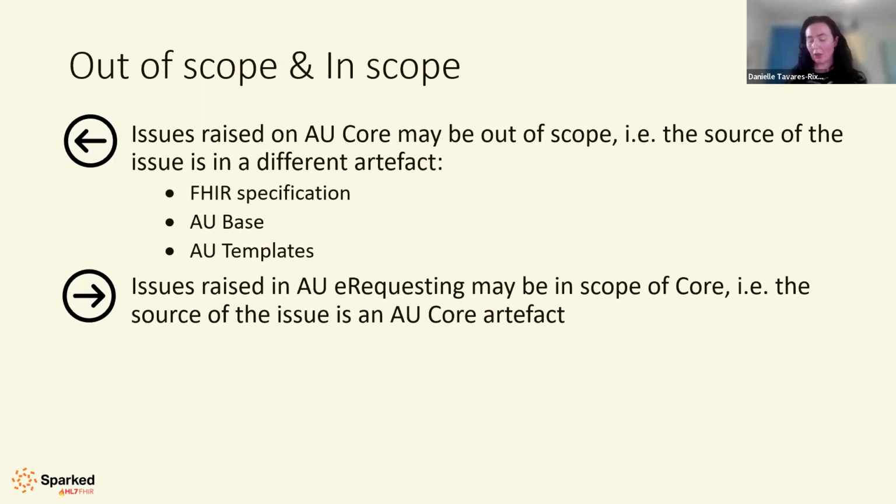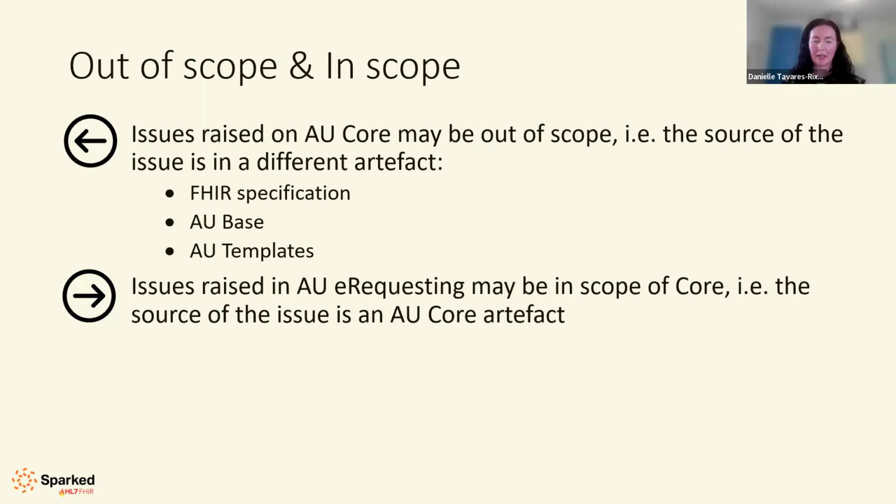And then those FHIR workgroup co-chairs will also do their triage. If they accept it, we move those issues over. So it's not like the issues aren't addressed. They just get moved to being part of AU base's ballot. And they can also choose not to accept them and say, no, we think this is a Core problem, not a base problem. We might get into meetings on it. Who knows?